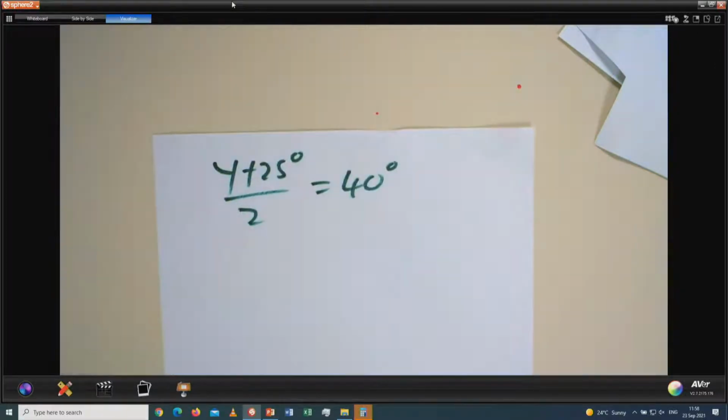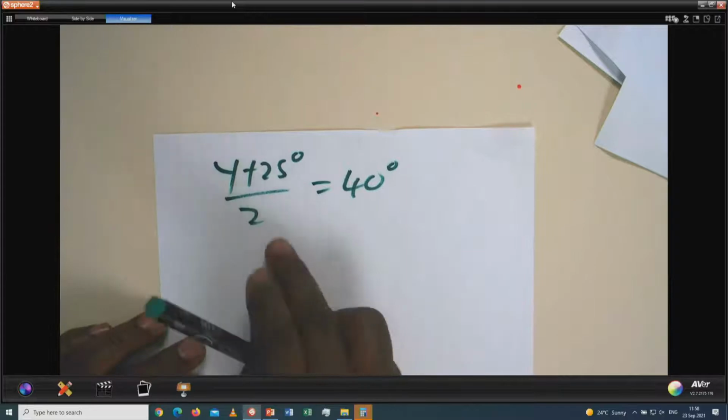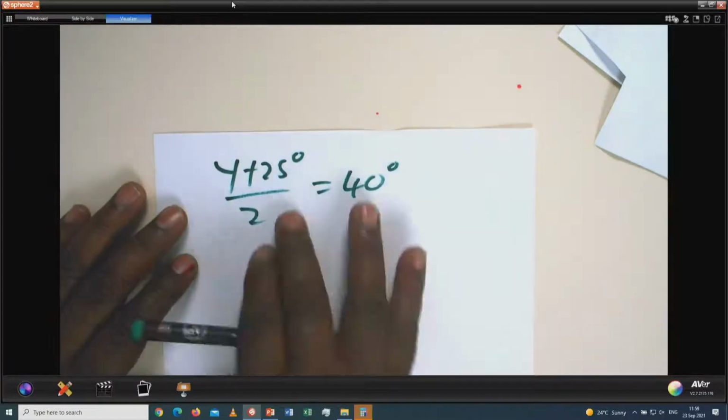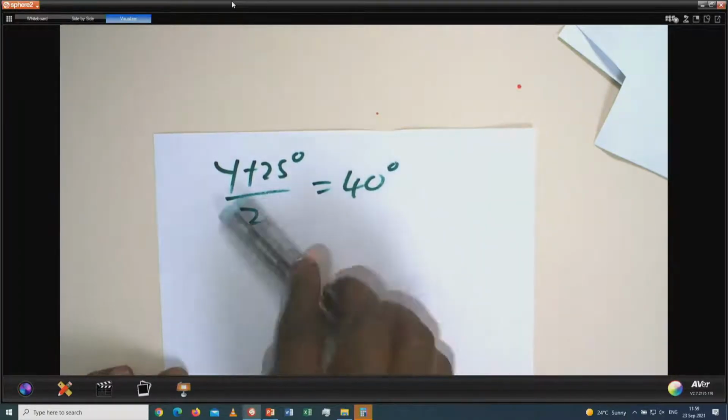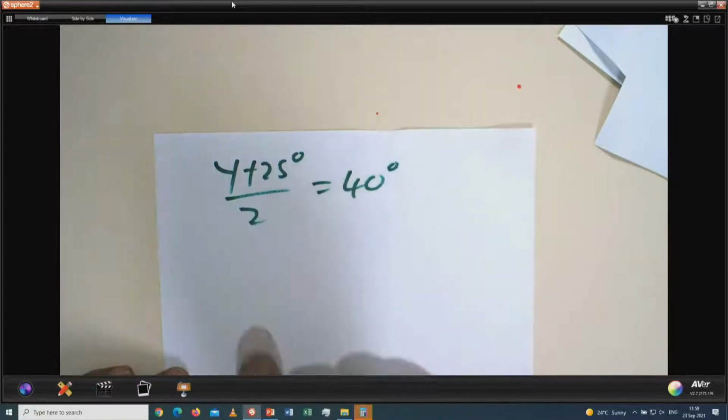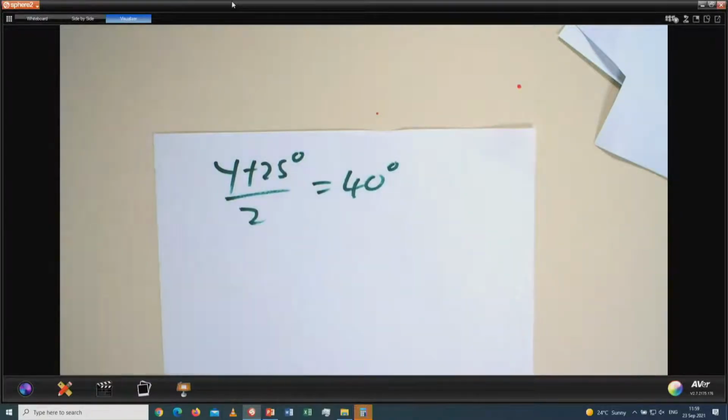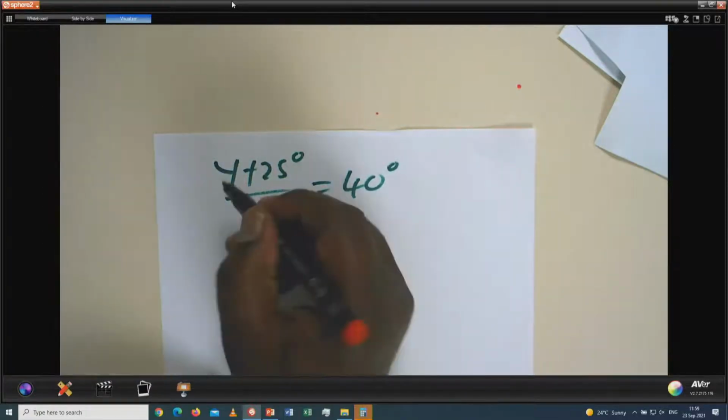Our equations. Firstly, we want to deal with that denominator because we want to go to y. We want to isolate. Mathematics, like I said, is step by step. Now, we want to isolate this part.